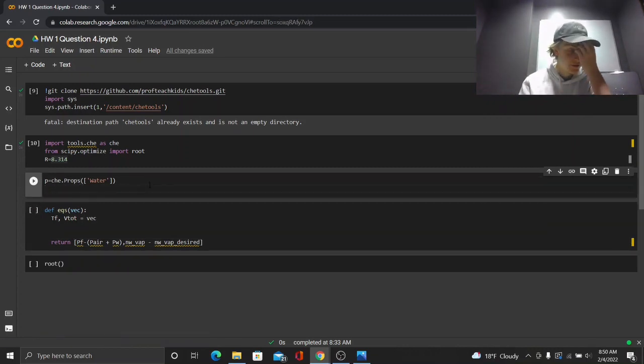So now there are a few initial values that we can define.